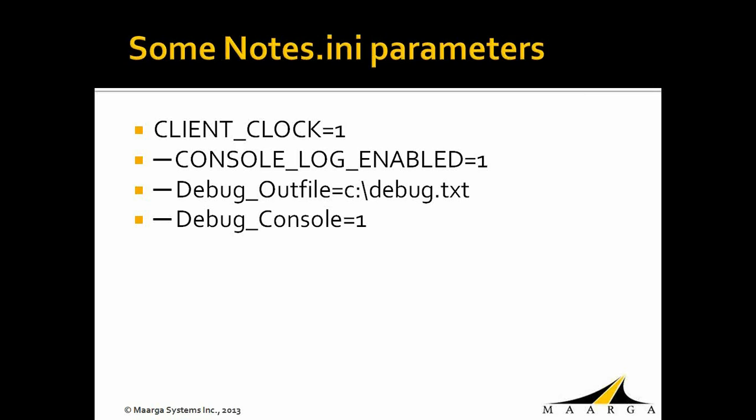The c:\debug.txt is a file that gets constantly updated by your application, and you can later on go and view how many milliseconds or seconds it consumed for a specific activity or for a specific application to open. What was the time taken?